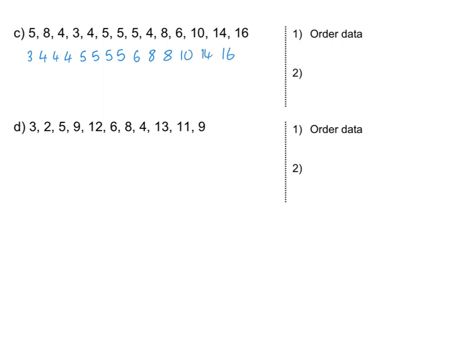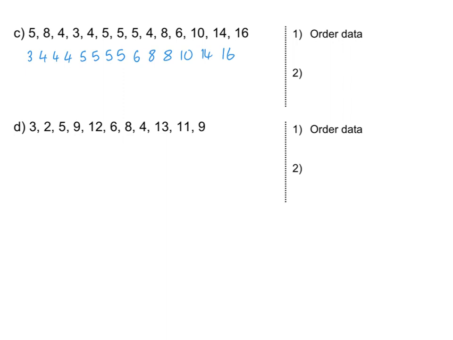So we'll just do a little check here. We started off with 14 numbers. So just check I've got them all. 1, 2, 3, 4, 5, 6, 7, 8, 9, 10, 11, 12, 13, 14. So that's fine. It's worthwhile doing that check. If you've got a lot of data and you're trying to sort it into order, just do a quick count and check that you've got all the pieces of data there at the end.